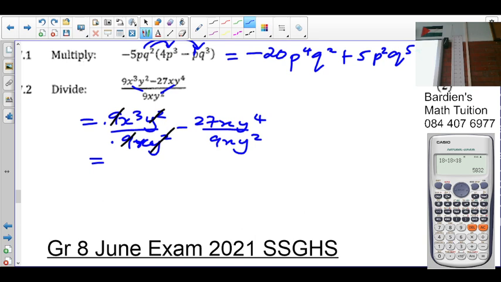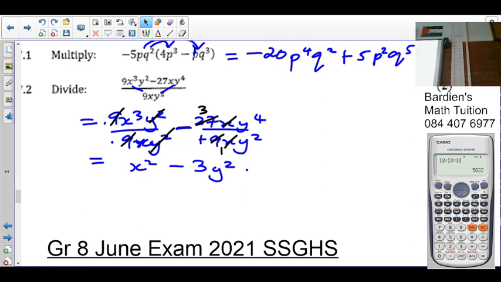So x cubed over x is x squared. Minus, because negative divided by positive is negative. 9 goes into 27, 3 times. The x's are gone. So it's 3y squared. Right, you guys understand? Next.